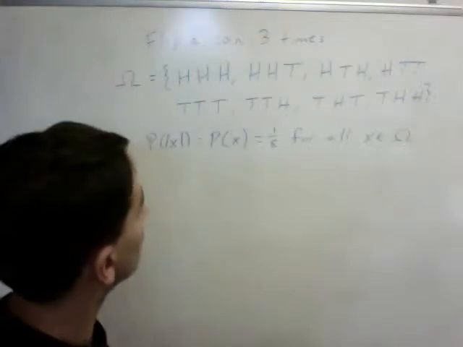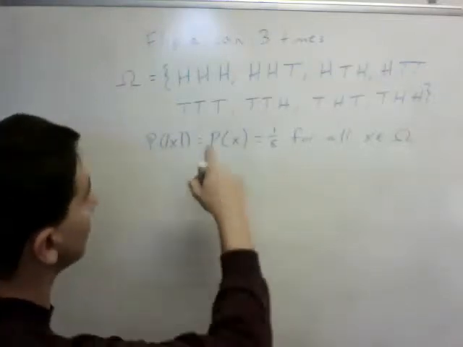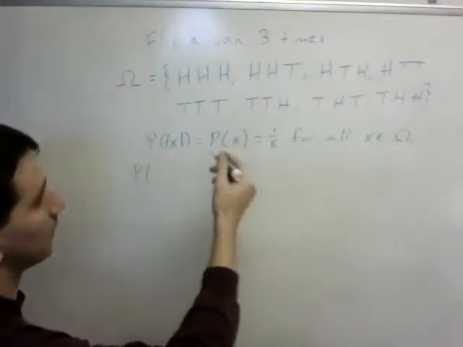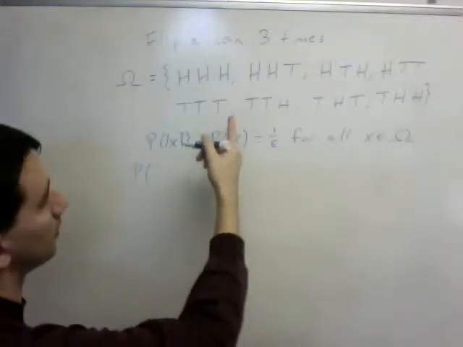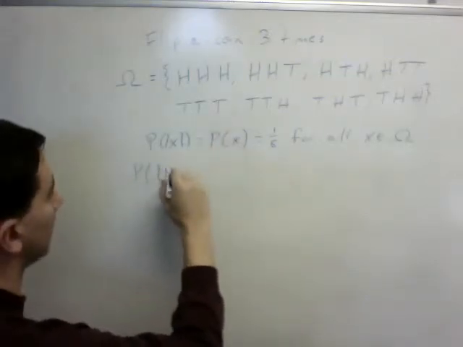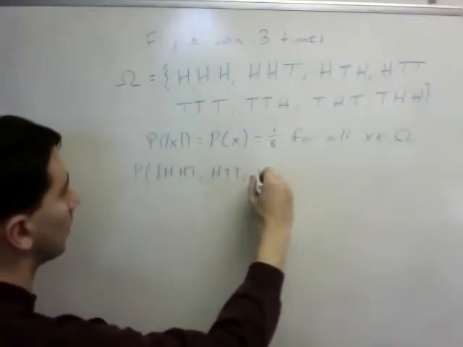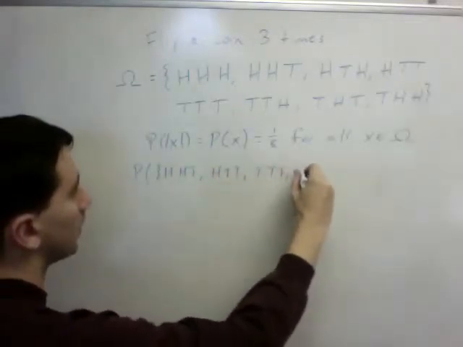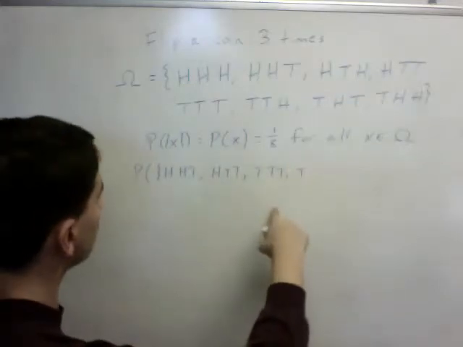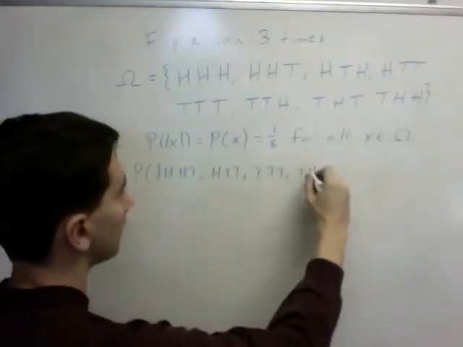Say I want to compute the probability I get a tail on my last flip. I could compute that by heads heads tails, heads tails tails, tails tails tails, and tails heads tails.